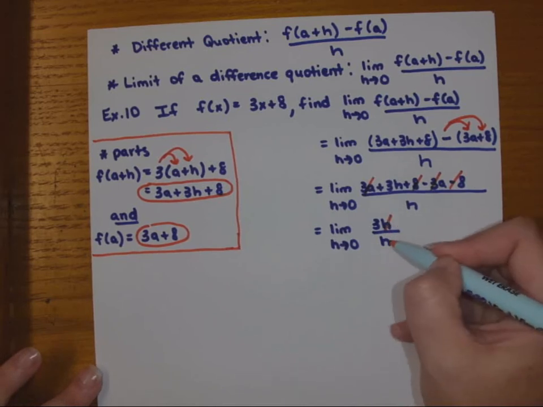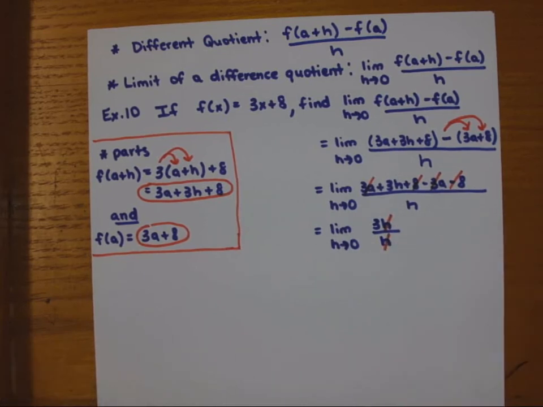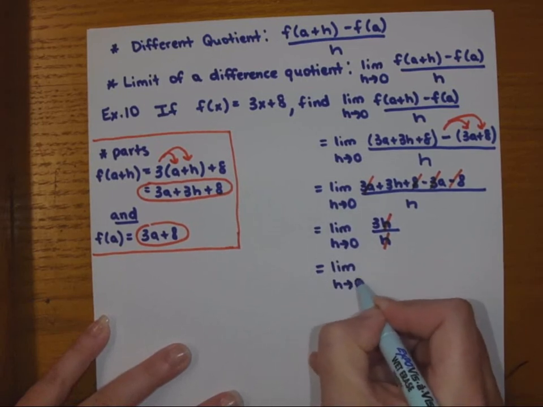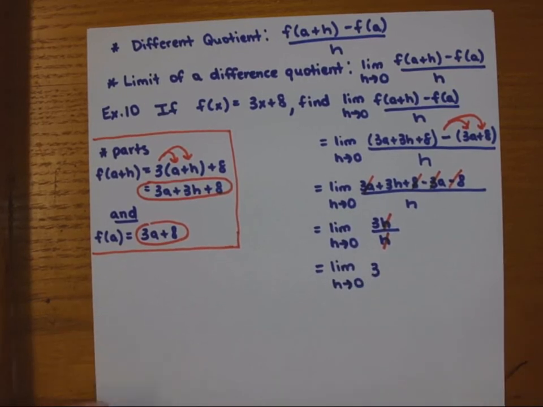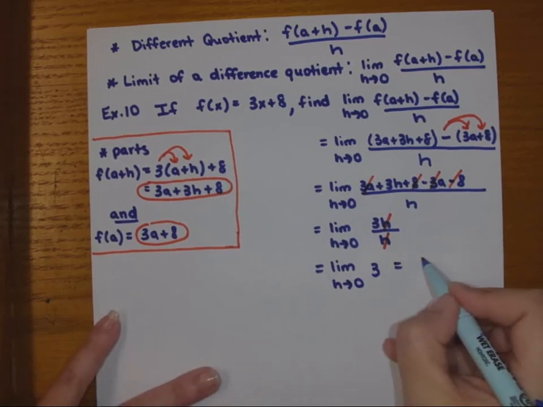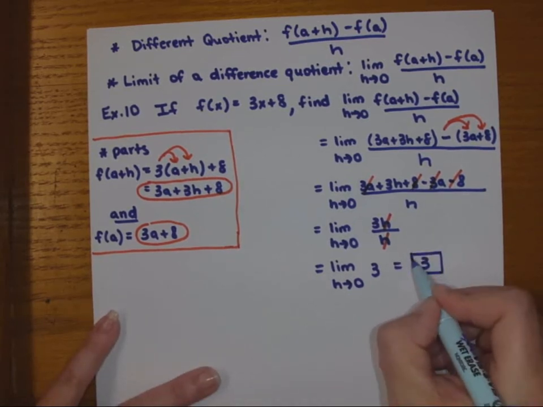So I can cancel the h's here, and then I am left with the limit as h approaches 0 of 3. And so notice normally I would try the plug-in method at this point, but there is no h to plug 0 in for, so in the end we just get an answer of 3.